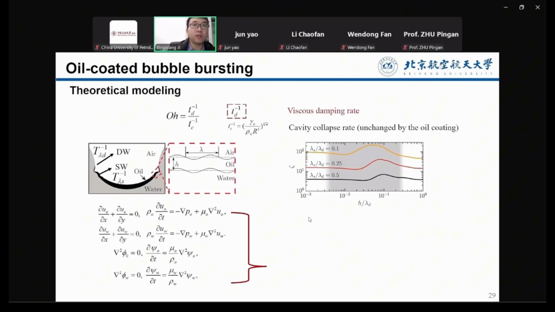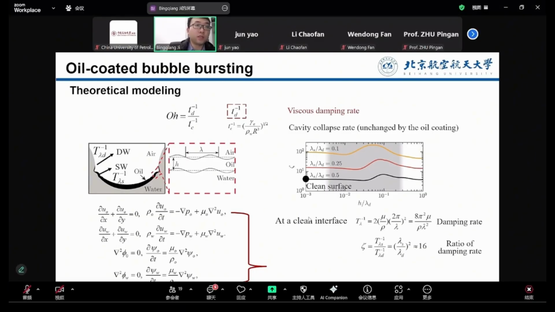So we need to solve the flows within the oil and the water phases numerically. We know that at a clean surface, the damping rate of capillary waves follows this equation, and the damping rate ratio of the precursor wave and the dominant wave is set already, because we know the wavelengths of the dominant wave and the precursor wave.